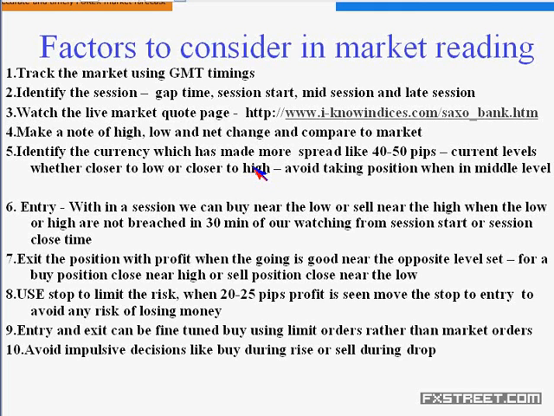Similarly, in the case of GBP, you find 1.5671 is the low, 1.5705 is the high, but somewhat closer to the high, GBP is currently trading around the level of 1.569498. So you have to identify whether it is closer to high or closer to low. Why? When it is in the middle level, avoid taking positions.